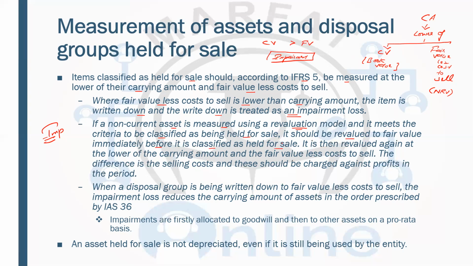For example, we are classifying an asset as held for sale on 1st June. Before doing that, we are going to revalue it. We are going to take the carrying value to the revalued amount.